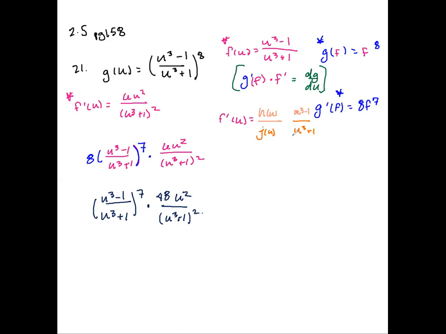So yeah, that would be 21 using both the chain rule and the quotient rule. All right. Let's go to section 2.6 now.